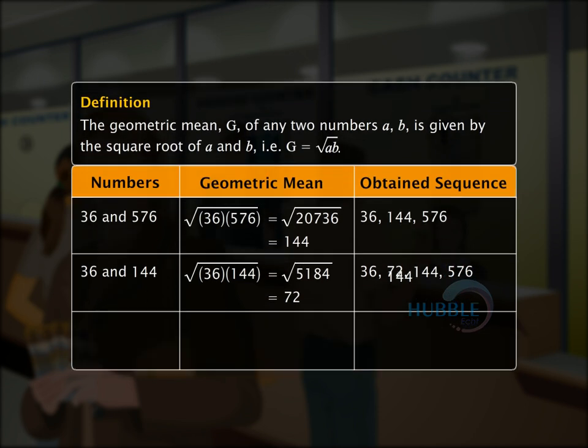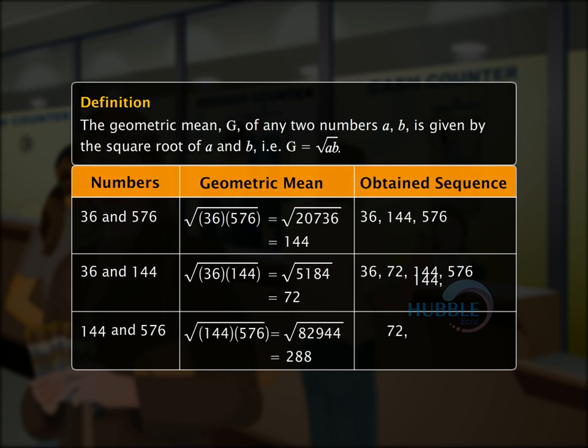Next, if we find the geometric mean of 144 and 576, we get their geometric mean as 288. As a result, we get a final sequence of numbers after inserting three numbers, 72, 144 and 288, between two numbers, 36 and 576 as shown.